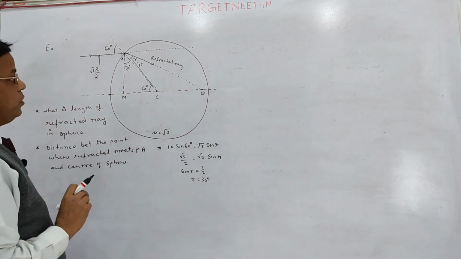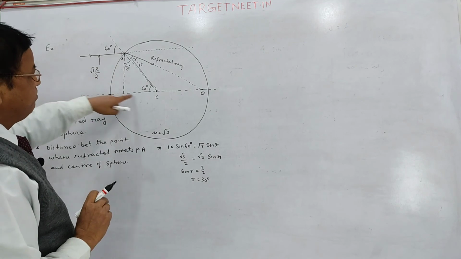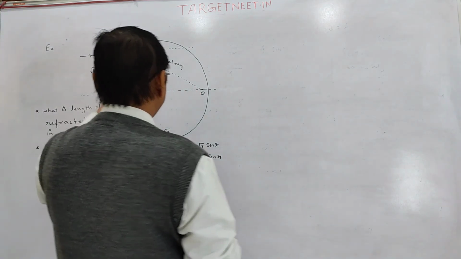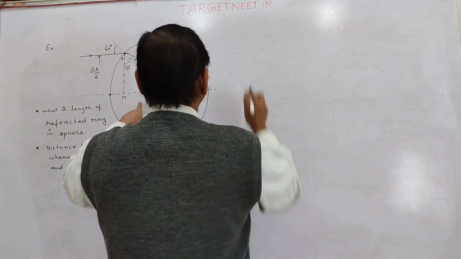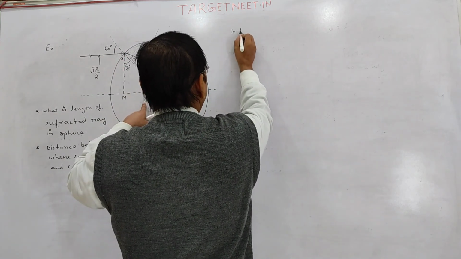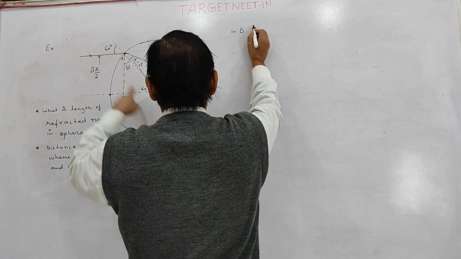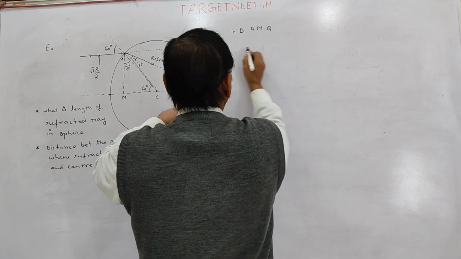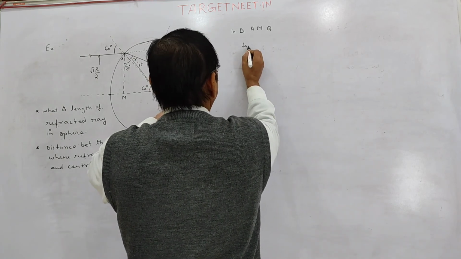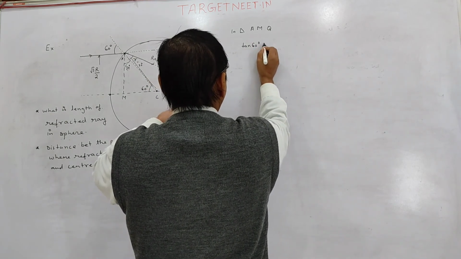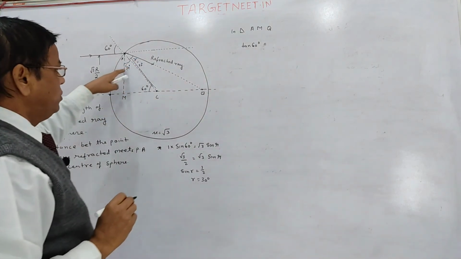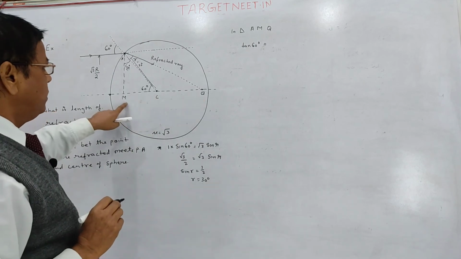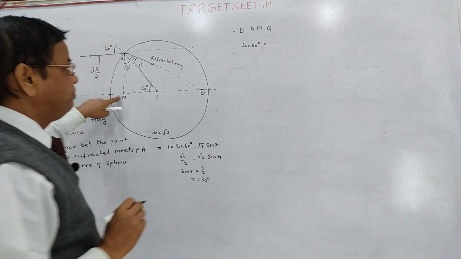So in order to find CQ, I am taking this right angle triangle. So in right angle triangle AMQ, tan 60 degree, this whole is 60, the perpendicular, that is QM, upon the base AM.